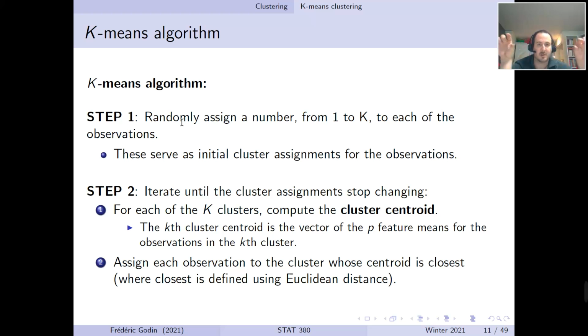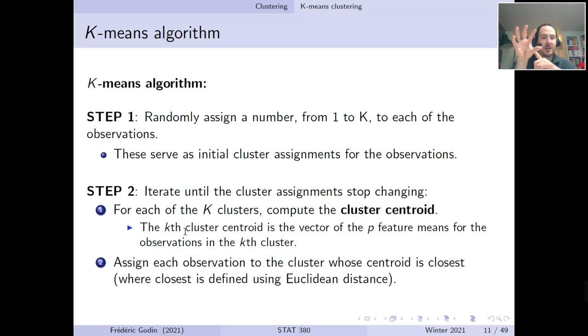So you have your current clusters right now, and then step 2 is to iterate the following procedure until convergence. So you iterate until the cluster assignments stop changing. This step 2 has two substeps. The first substep is, for each cluster, let's pick one of the clusters, you compute the centroid of that cluster.